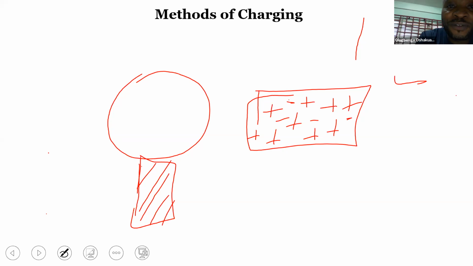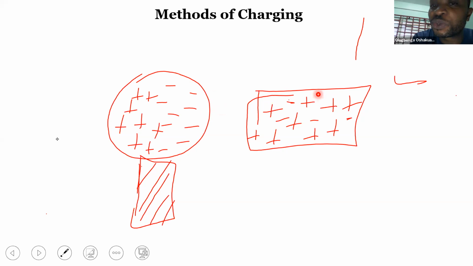We'll be having excess negative charges closer to the location of the positively charged body, and deficiency of negative charges at the other end.